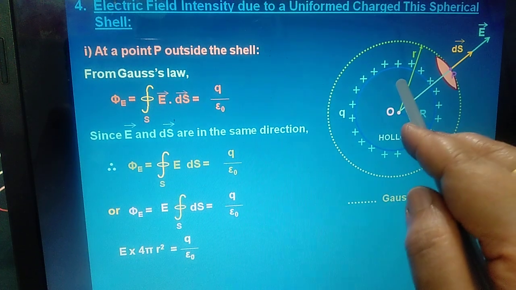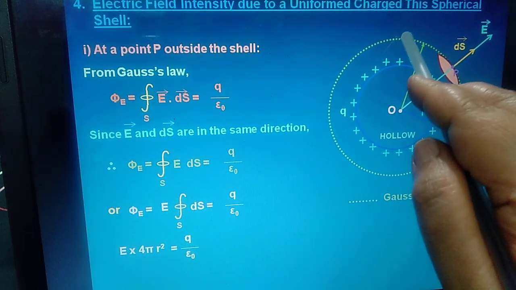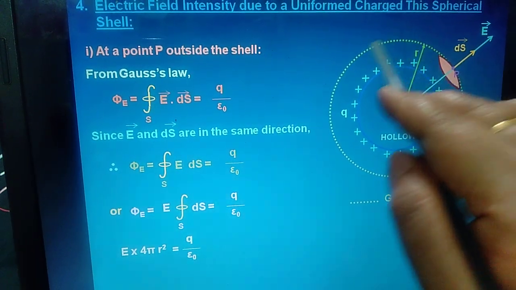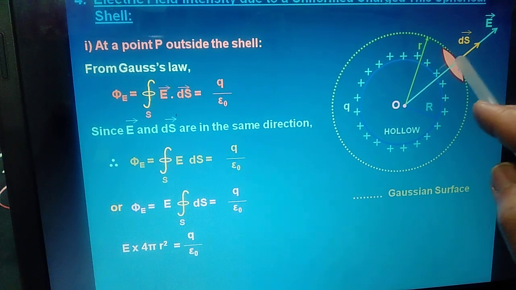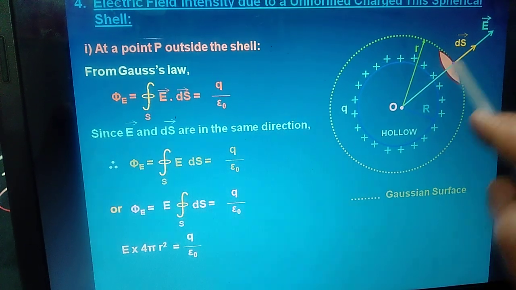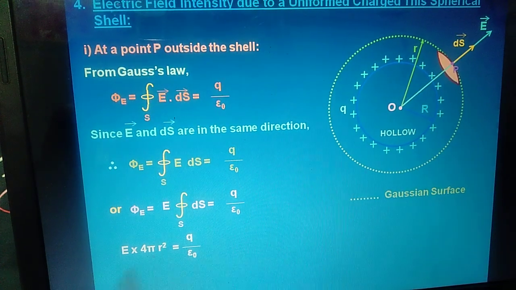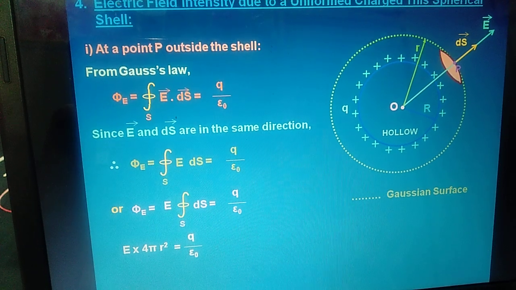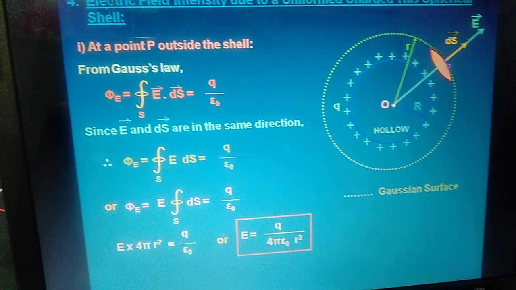Small r is taken because we are measuring the electric field on this Gaussian surface at this point P. So its radius is small r, so we have taken 4 pi r square. And E is equal to what?